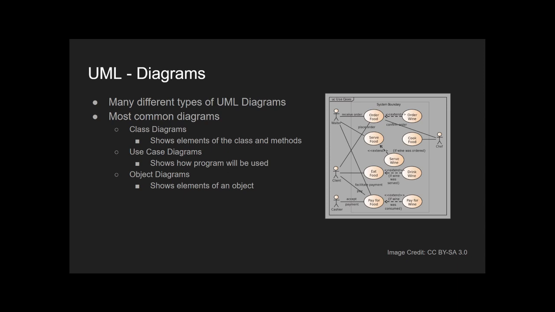Actions like pay for food, which is done by the waiter, client, and the cashier. And we have dependencies such as serve wine, which depends on whether or not the client ordered it. Use case diagrams are especially helpful when you want to illustrate how subject interactions and actions overlap and intertwine.